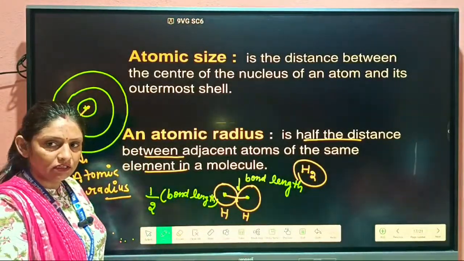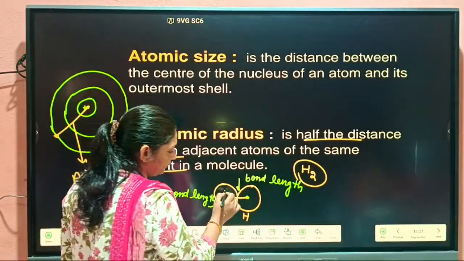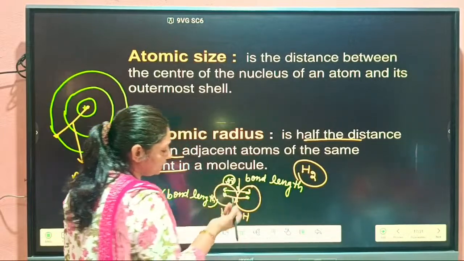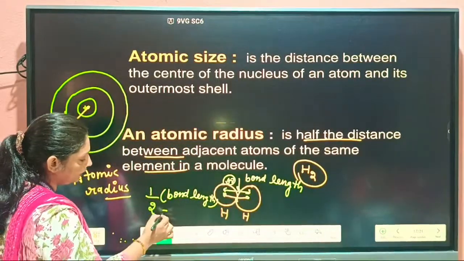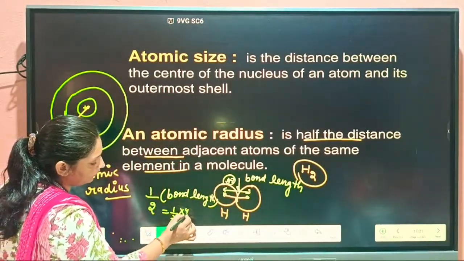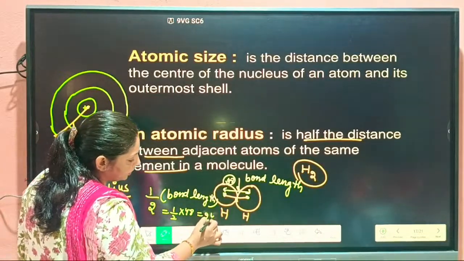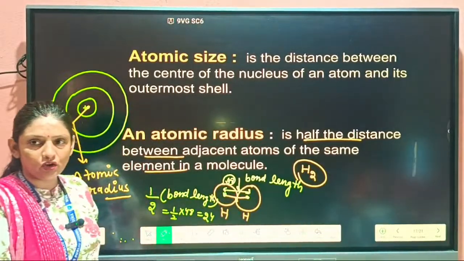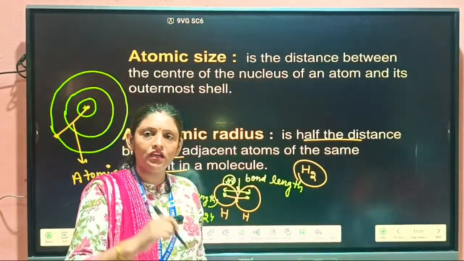For example, if this length is 48, then half of this is 1 by 2 into 48, so half of 48 is 24. So here the atomic radius will be 24.